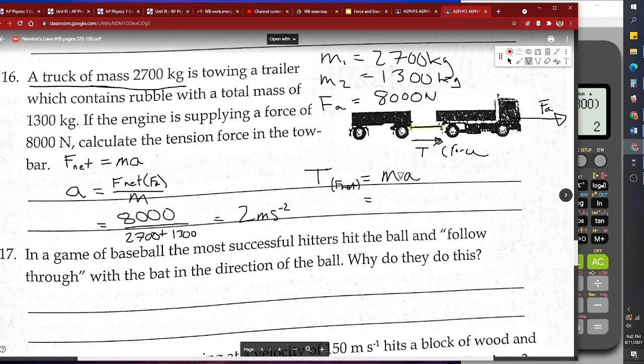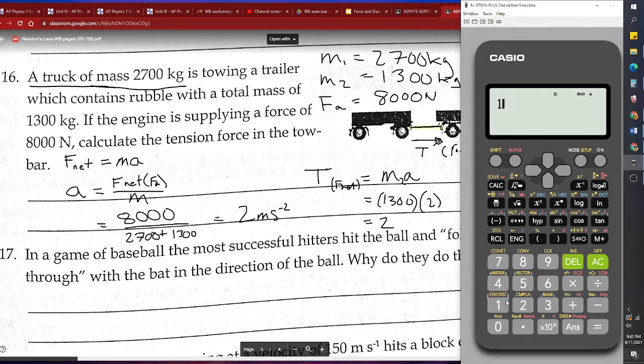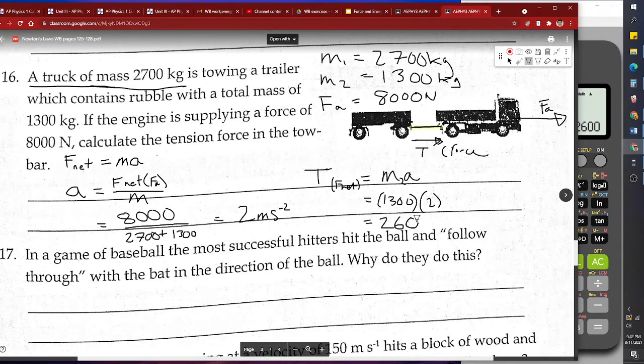This is mass 2. So that's going to be 1,300 for the trailer, and 2 for the acceleration. I don't think you need a calculator for something like that, but I'll put it in. So it's 2,600 newtons is the tension in the tow bar.